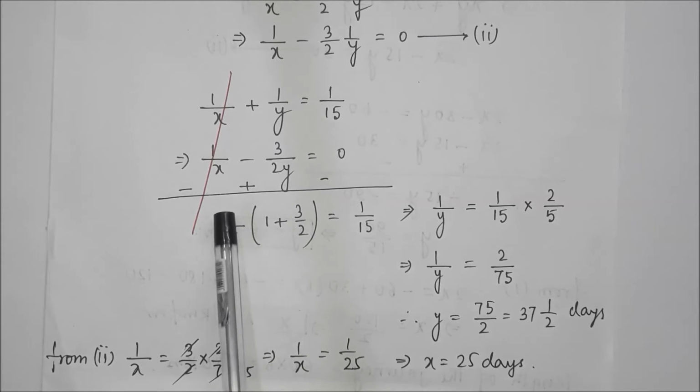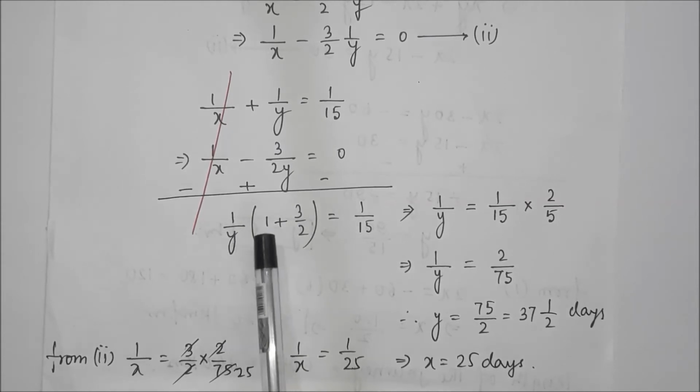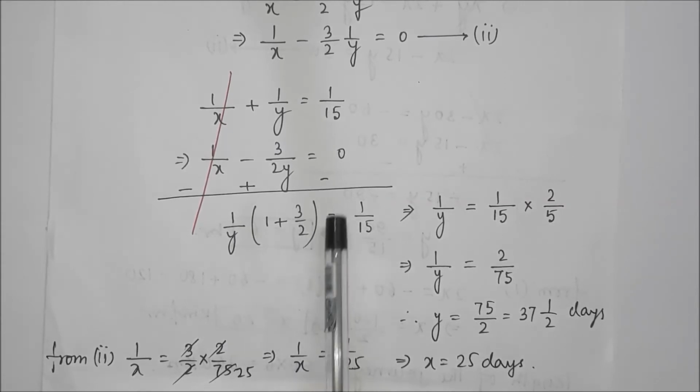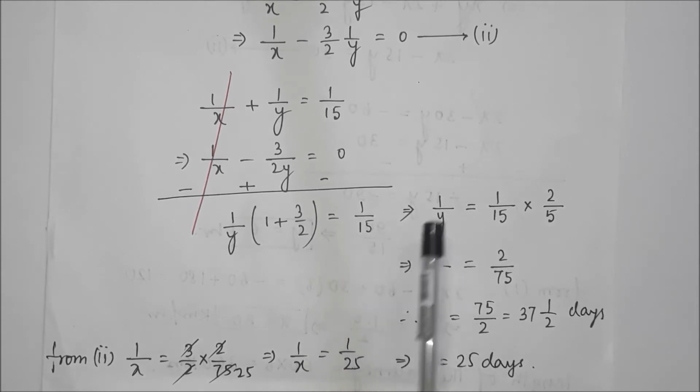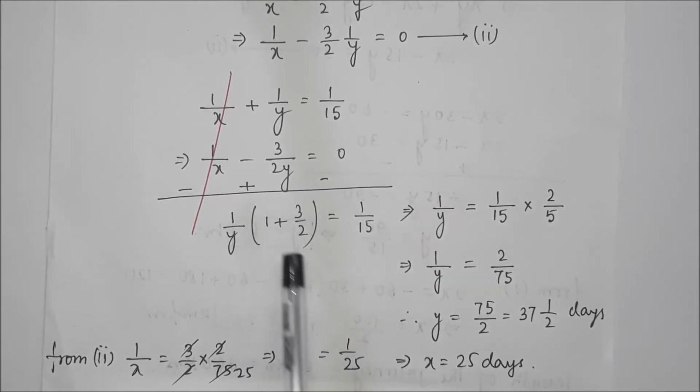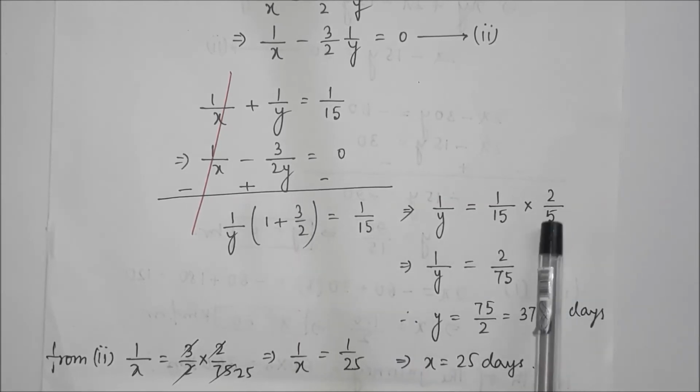From these two I am taking 1 by y common, so we will get 1 plus 3 by 2 equals 1 by 15. Now if you simplify this part, 2 ones are 2 plus 3, you will get 5 by 2. When it changes the side, it becomes 2 by 5.